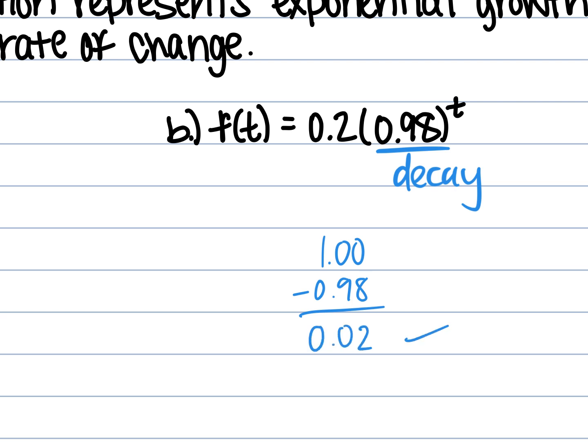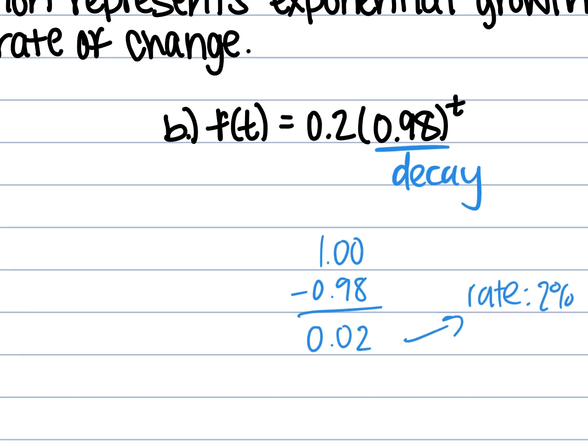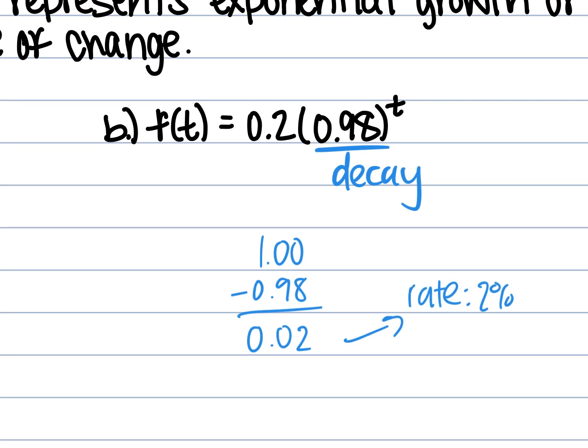In other words, what's the rate of decay? It's 2%. So you do what's in the parentheses? Correct. Do I care about this 0.2? Not really, right? It is contributing to my function, but it's just my starting value. So I started with 0.2, and then I'm decaying by 98% each time, okay?